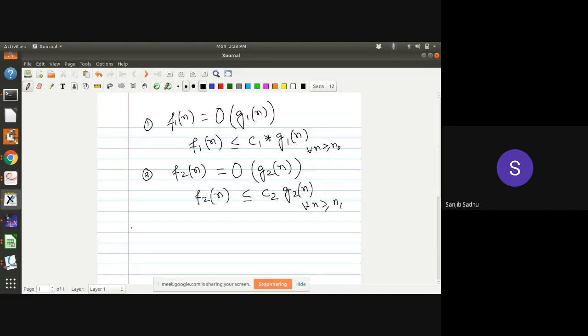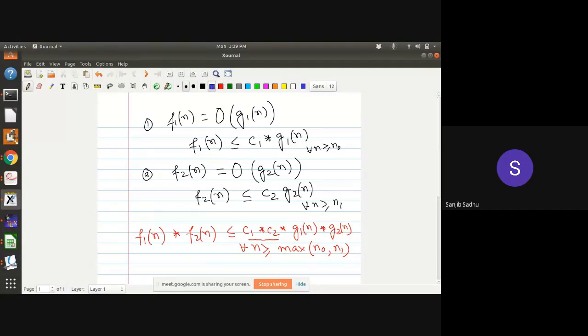Now if we multiply f1 and f2, I can write f1n into f2n will be less than or equal to c1 into c2 into g1n into g2n for all values of n greater than or equal to max of n naught, n1. Right. So here you see this is another constant.